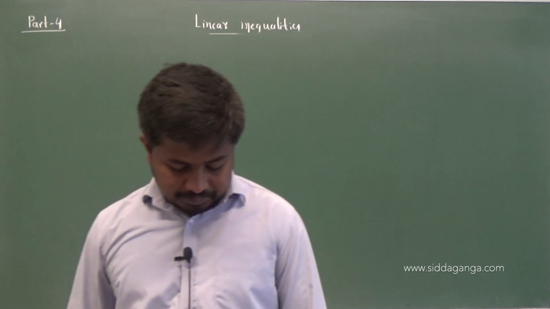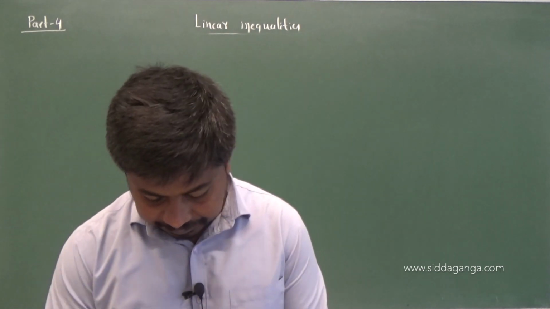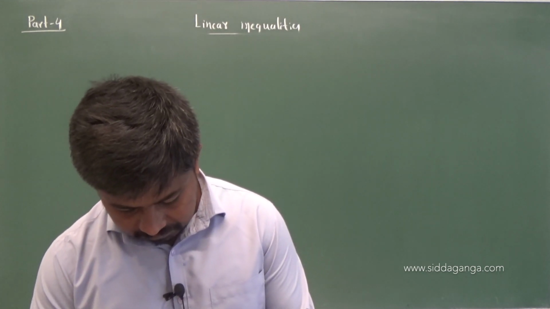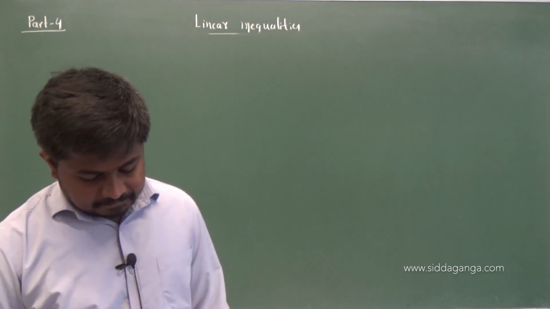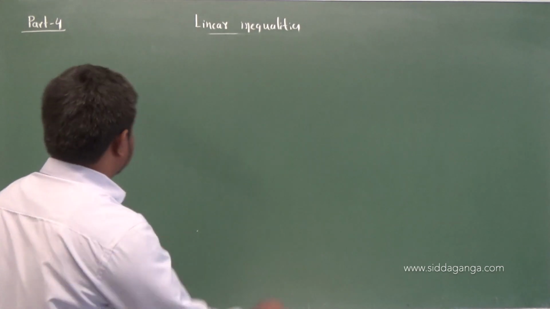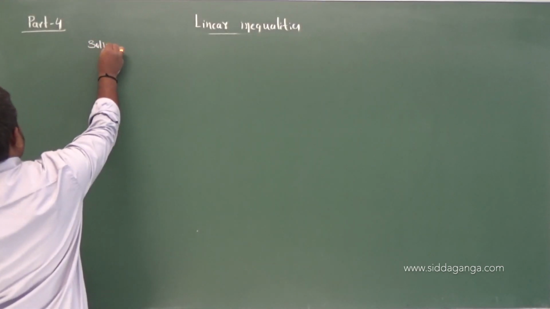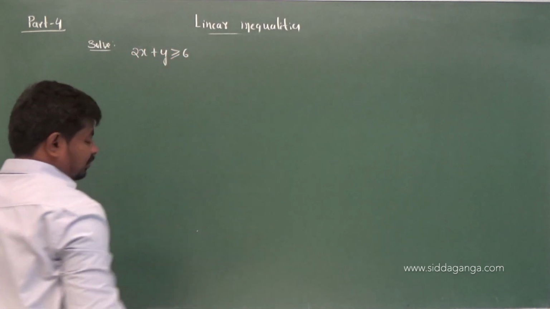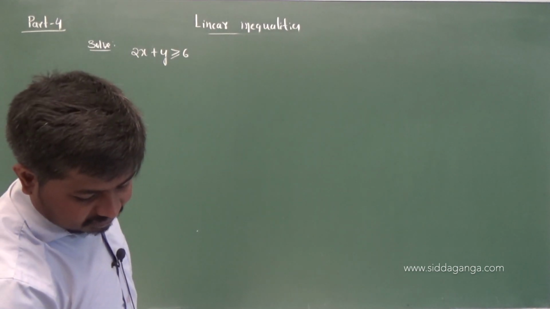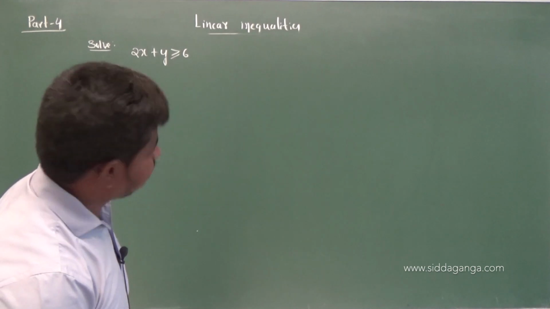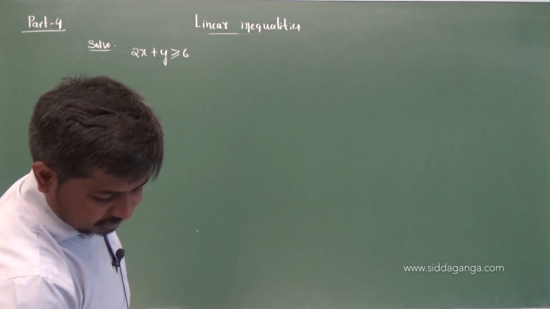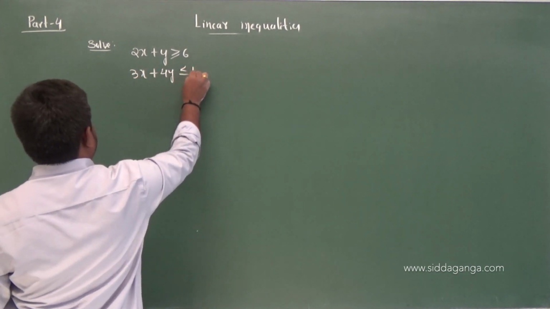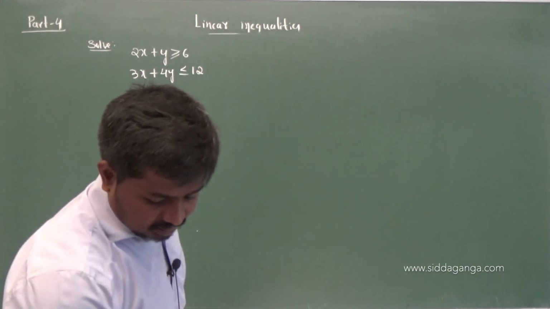Solve x plus y greater than or equal to 6, 2x plus y greater than or equal to 6, 3x plus 4y less than or equal to 12.